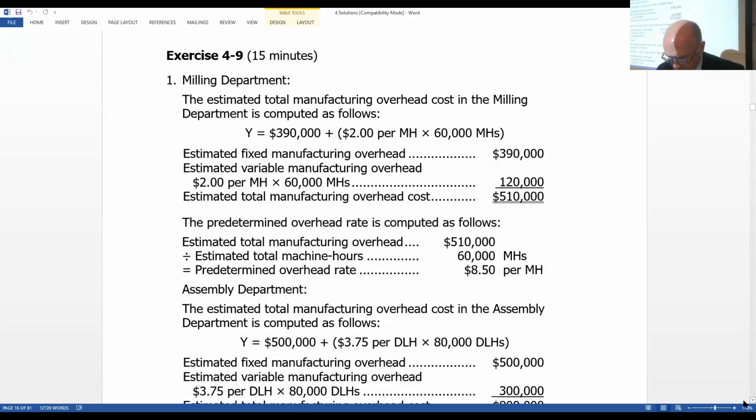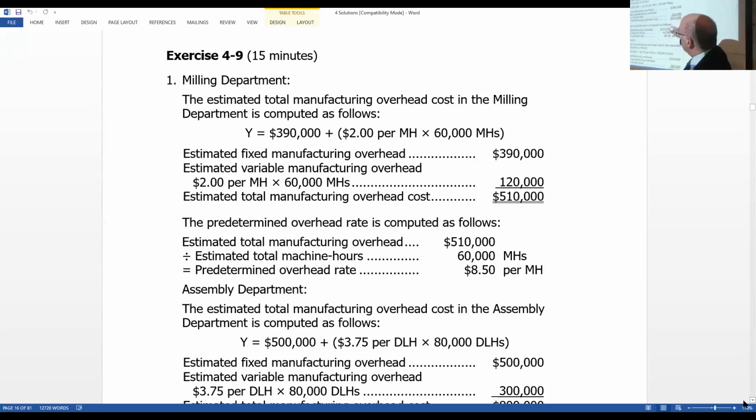So the first requirement, compute the predetermined overhead rate for each department. For milling, you would use machine hours. For assembly, it would be direct labor hours. So again, y equals a plus bx. For the milling department, fixed cost is $390 plus $2 per machine hour multiplied by 60,000 machine hours.